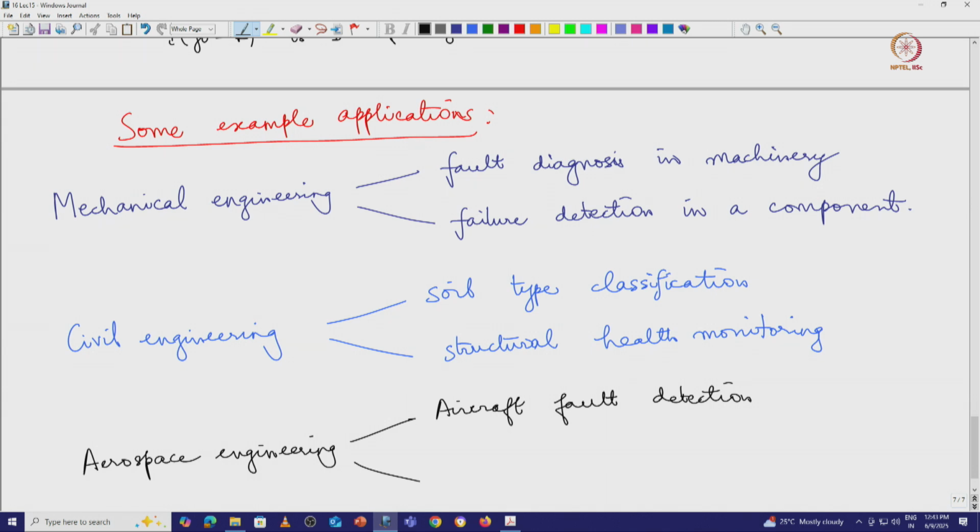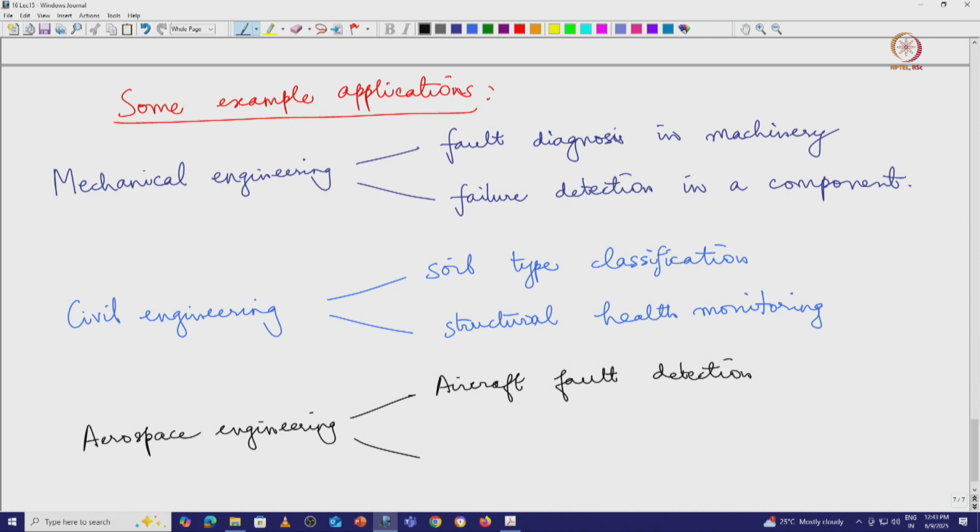So, it could be like a usual regular intelligence, but one may also be using AI these days in doing that. And then there could be something like a landing success classification. Let us say you are making a drone or a flying object and you want to detect whether it has landed or not, that could be based on a classification ML model. Okay, so that is aerospace engineering.